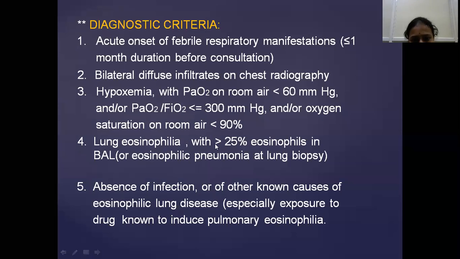And lung eosinophilia with more than 25% eosinophils in BAL fluid. These are diagnostic criteria: acute onset of illness, bilateral involvement, hypoxemia with PaO2 less than 60, SpO2 less than 90, PaO2 by FiO2 less than 300, BAL eosinophil percent of more than 25%, and absence of any other underlying etiology.